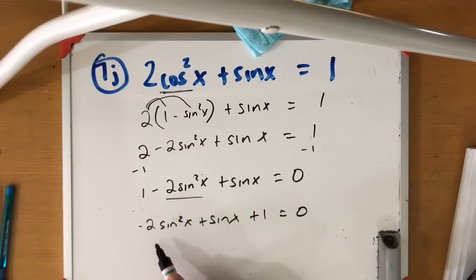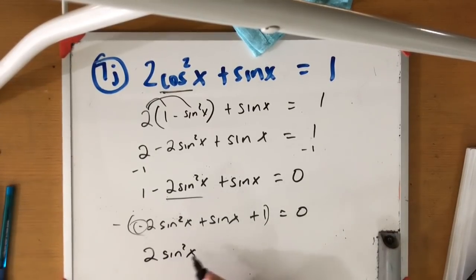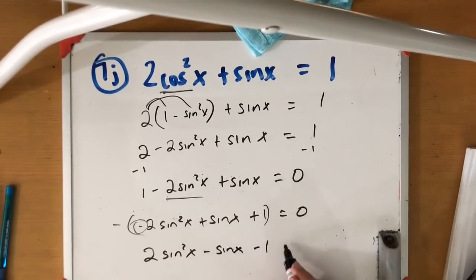We'll end up factoring, but before we factor, let's factor out a negative 1. So this will be a positive 2 sine squared x minus sine x minus 1 equal to 0.